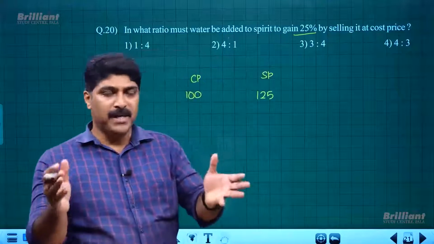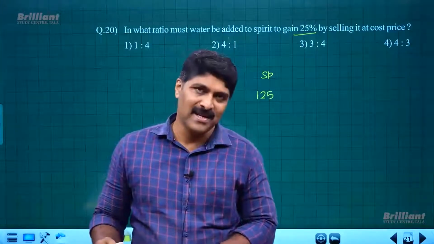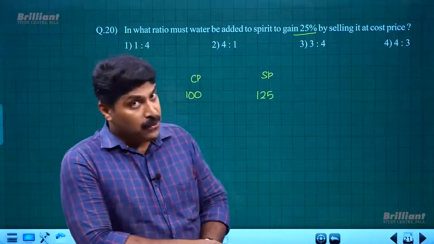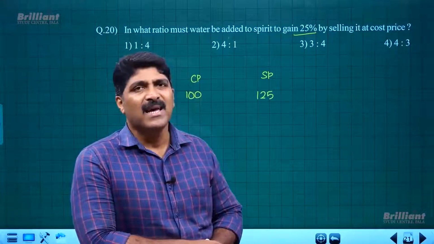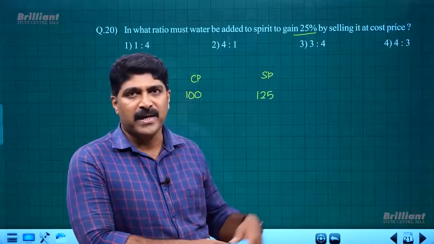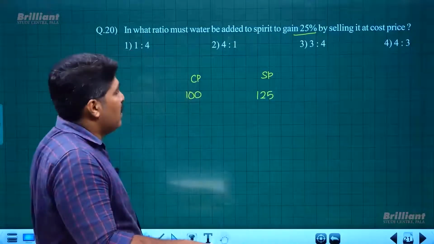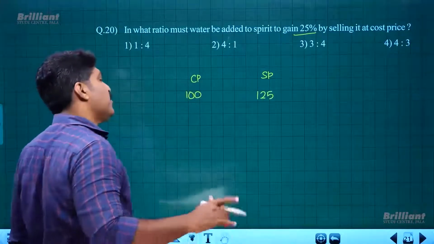Suppose 1 liter of spirit is this much. Those customers are also well aware about that thing. And what the seller can do is manipulate its quantity only, dilute something, pour additional water into this mixture. Therefore, this 100 is to 125.